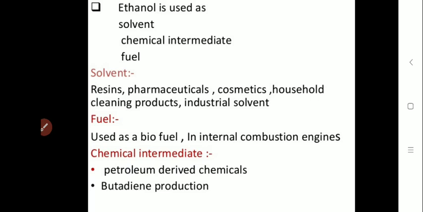As a biofuel in internal combustion engines, ethanol is used on a large scale, whereas in various petroleum derived chemicals or butadiene production, ethanol is used as a chemical intermediate.